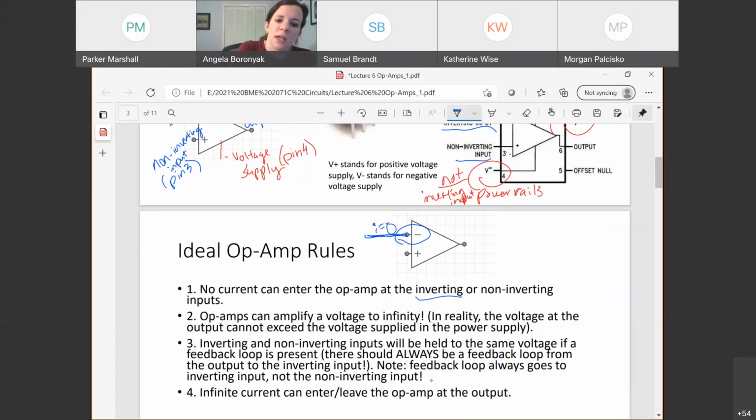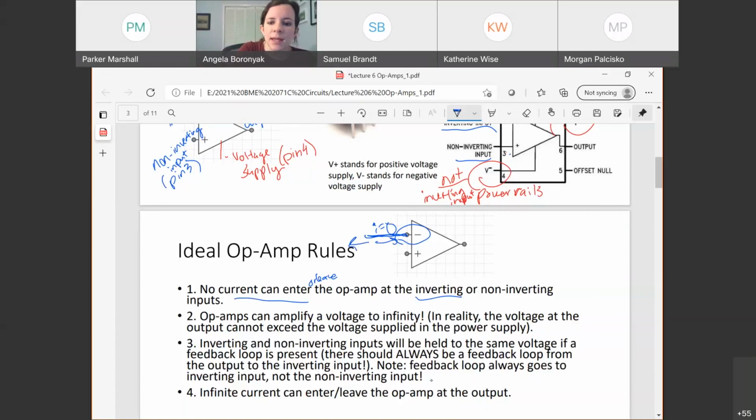Because current entering really means current trying to go into my op amp this way. It's the same as current leaving, right? That would just be a negative current. So it really can't enter or leave. It's just more commonly phrased as enter, since these are called inputs.